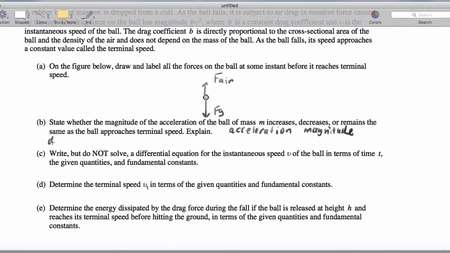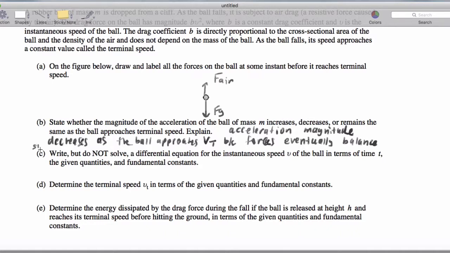The magnitude decreases as the ball approaches terminal speed because the forces eventually balance. So the acceleration goes to 0.